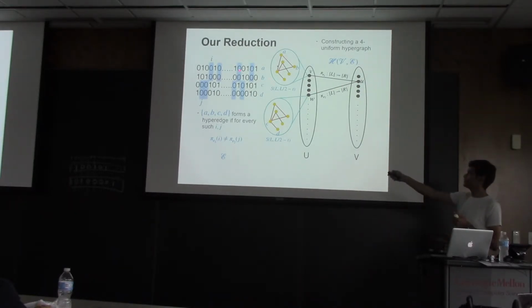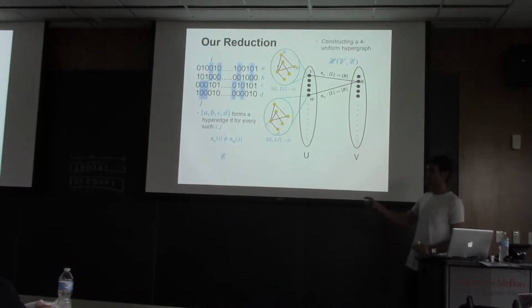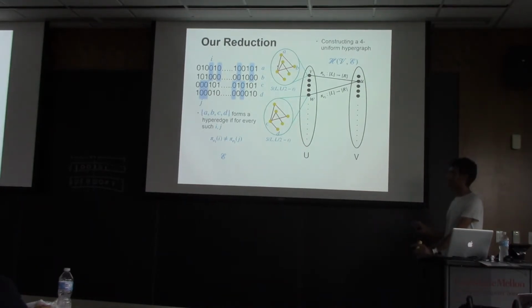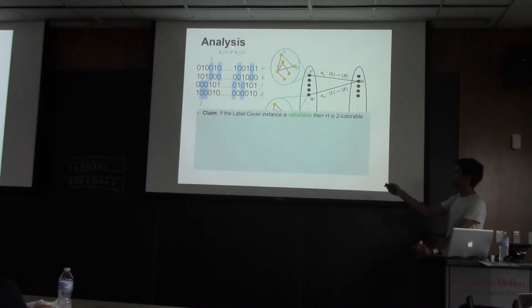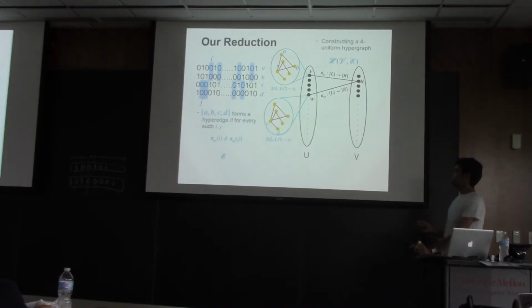For every such pair of coordinates, you want this condition to hold. And we will see in the next slide why we require this. It will be clear why we need it. So let's put that condition over here. And this is the picture of when we put a hyperedge on A, B, and C, D. So this completes the description of the hypergraph.